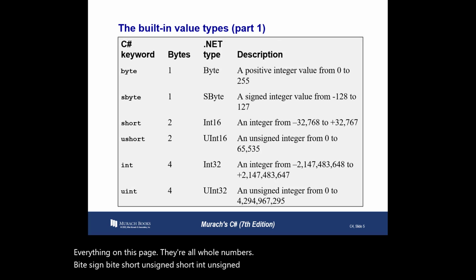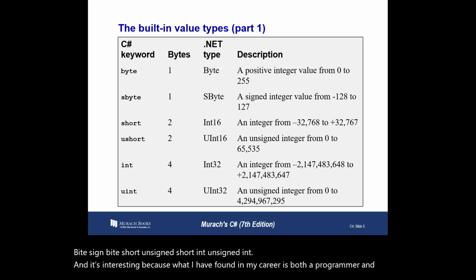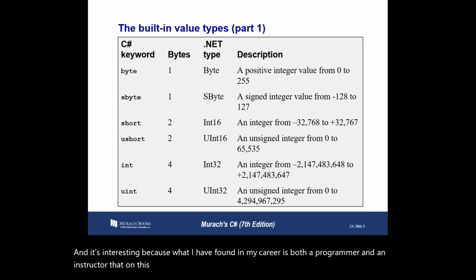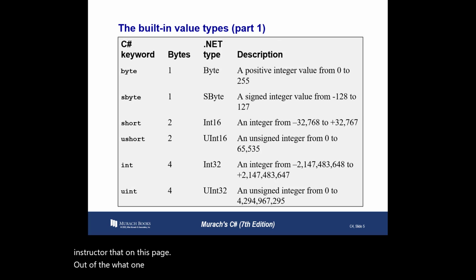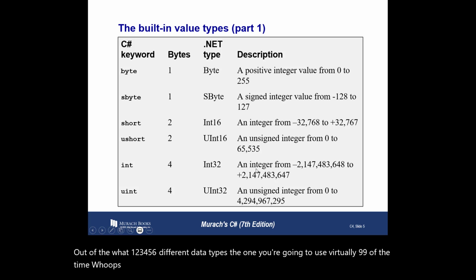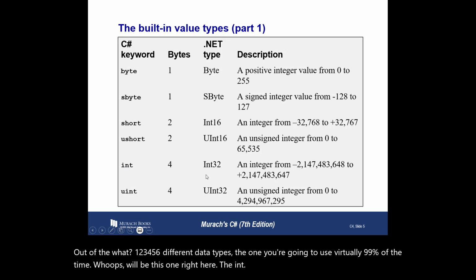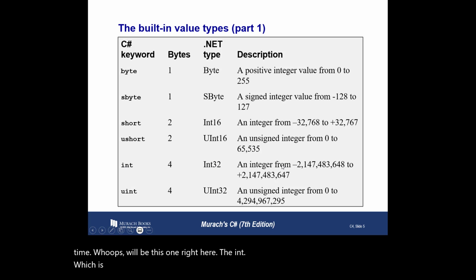And it's interesting, because what I have found in my career as both a programmer and an instructor is that on this page, out of the six different data types, the one you're going to use virtually 99% of the time is the int, which is a 32-bit integer. And notice it's got a range of minus 2 billion plus to plus 2 billion plus.